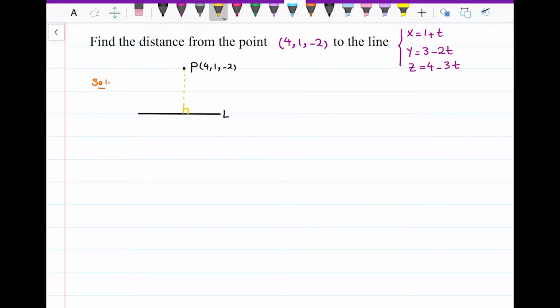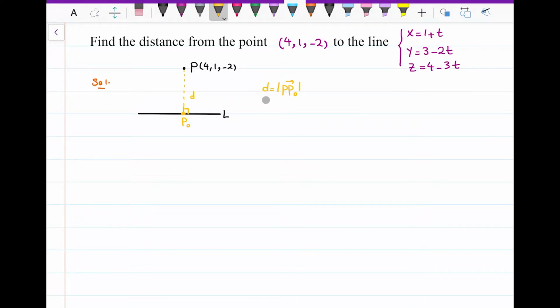Let me call it D. And if we have the point P0 in here, D is basically the length of the vector P0P, right? The magnitude of this vector would be the distance from the point P to the line L.